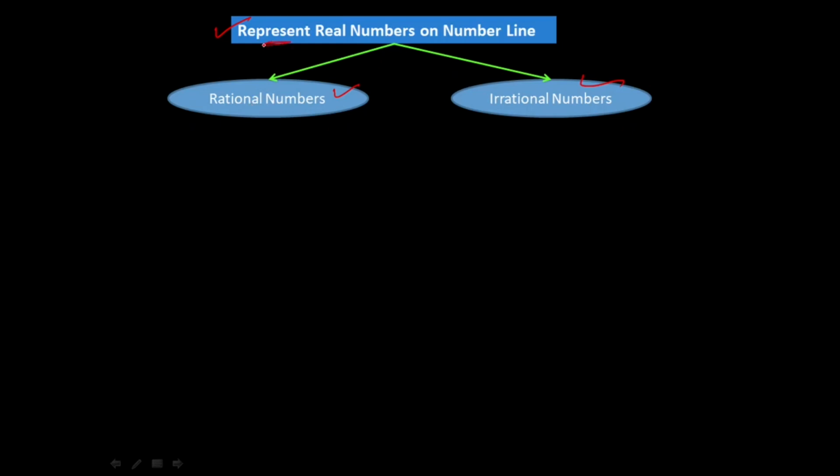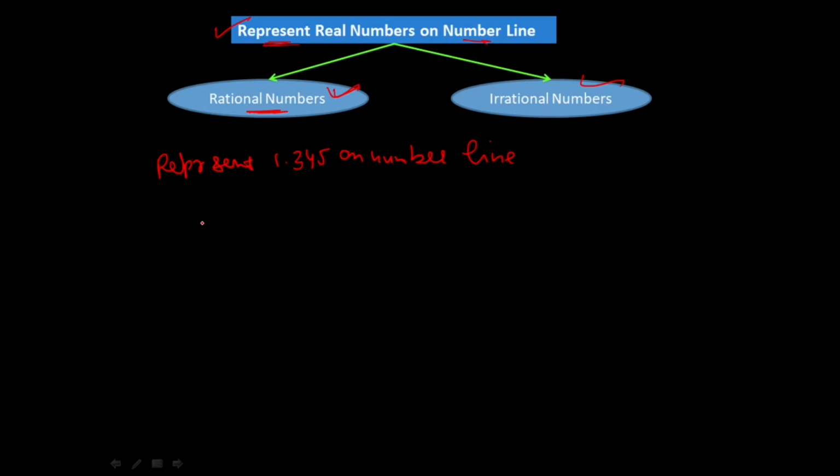How can we represent a rational number on the number line? Let's take one example here. That's very simple. Question: represent 1.345 on the number line. First I'm going to discuss this concept, then I'll take this one.